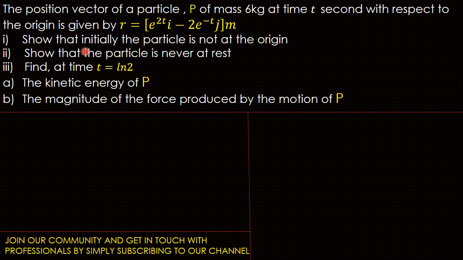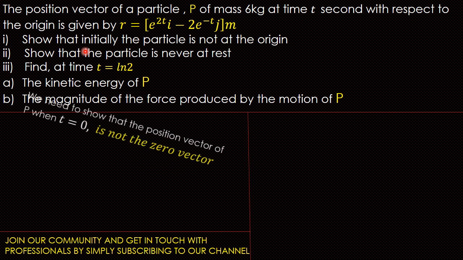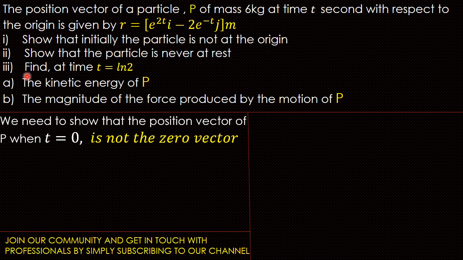To show that the particle is initially not at the origin, we simply have to keep in mind that we must show that the position vector of P when the time t is 0 seconds is not the zero vector. This position vector has been given in terms of the i and j components, so we must show that at time t equals 0, the position vector is not the same as the zero vector. The zero vector in this case is simply 0i plus 0j.